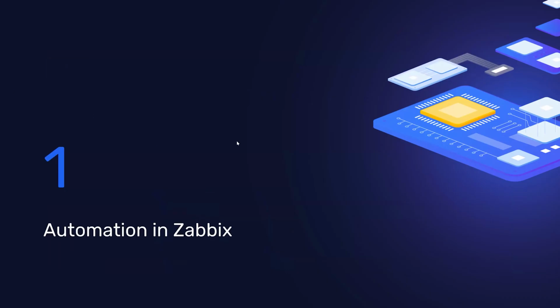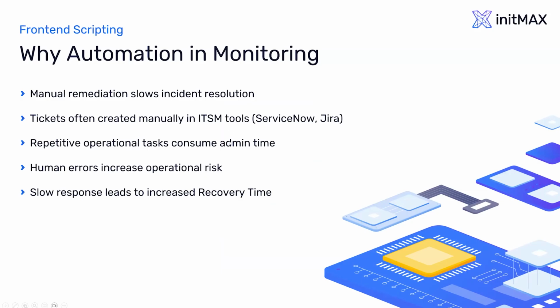Beginning with the topic that we have today, automation in Zabbix, the question might come: why in the world do we even need automation in monitoring? I believe monitoring is a very tricky topic, first of all, because the scale and scope of your monitoring and your Zabbix setup is very much dependent on the scale of your imagination.